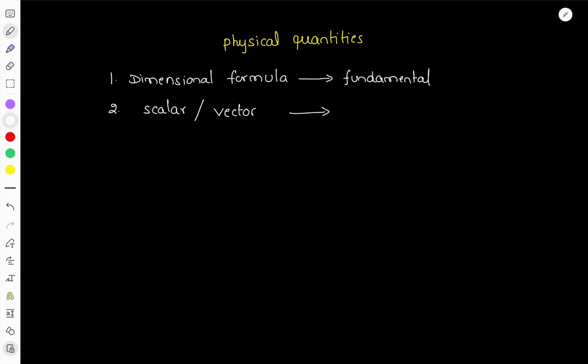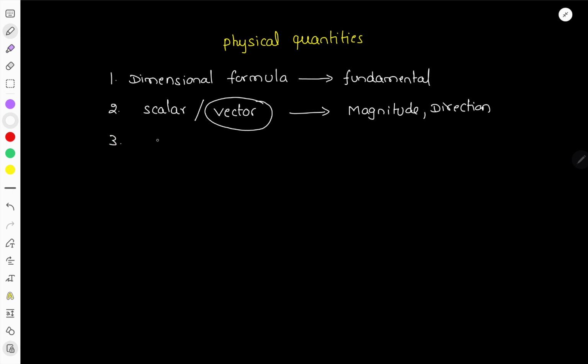That can be understood if it is said to be either scalar or vector. Whenever it is said to be a vector, we need to pay more attention, because we need to know both magnitude and direction, right? These two details we have to know if the physical quantity is a vector quantity.